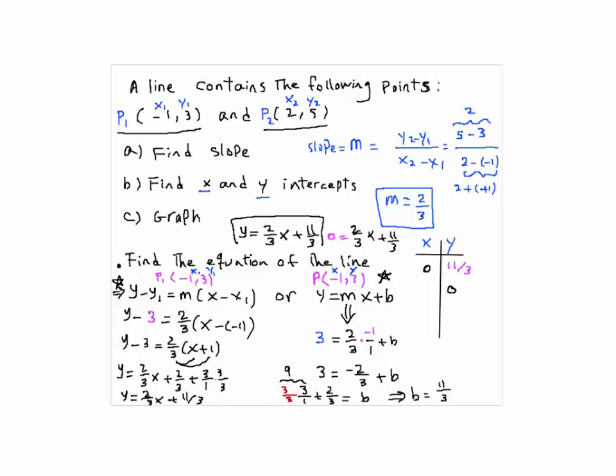Let's continue this over here. Minus 11/3 equals 2/3 x. Multiply both sides by 3/2. That would be 3/2 times minus 11 over 3. That's your x. So it would be minus 11 over 2 when I reduce this. So these are your x and y intercepts.